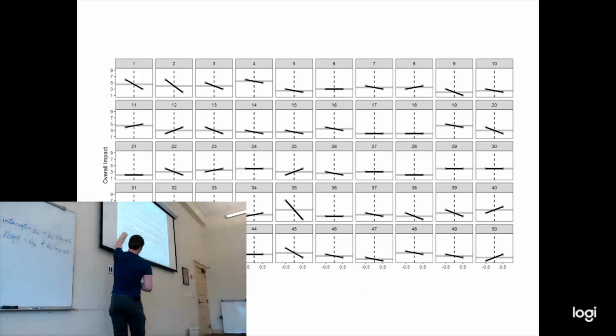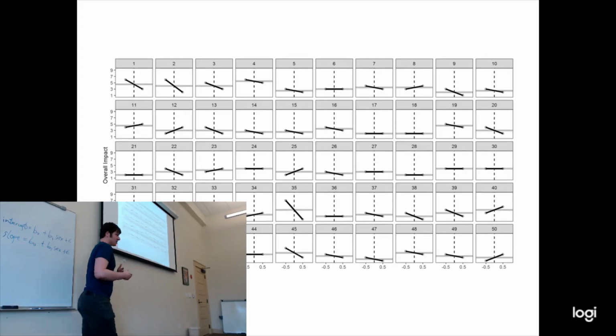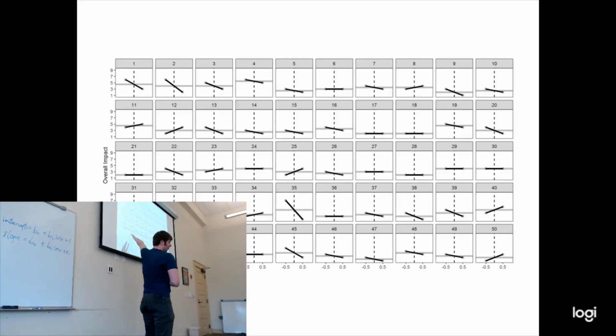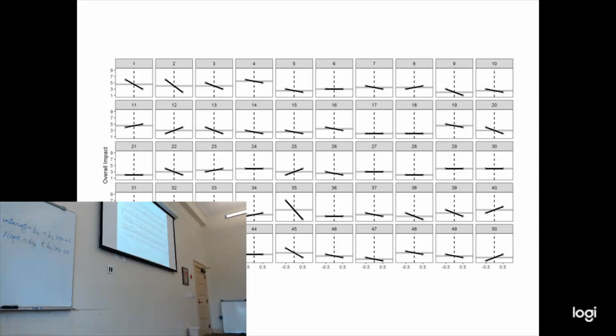The thing I want you to see is how, just as before, on this first stage of analysis, each reviewer has their own intercept, that horizontal gray line, and their own slope, which is the difference between these 2 points. That horizontal gray line and the difference between these 2 points is different for each reviewer. That's that first stage of analysis.